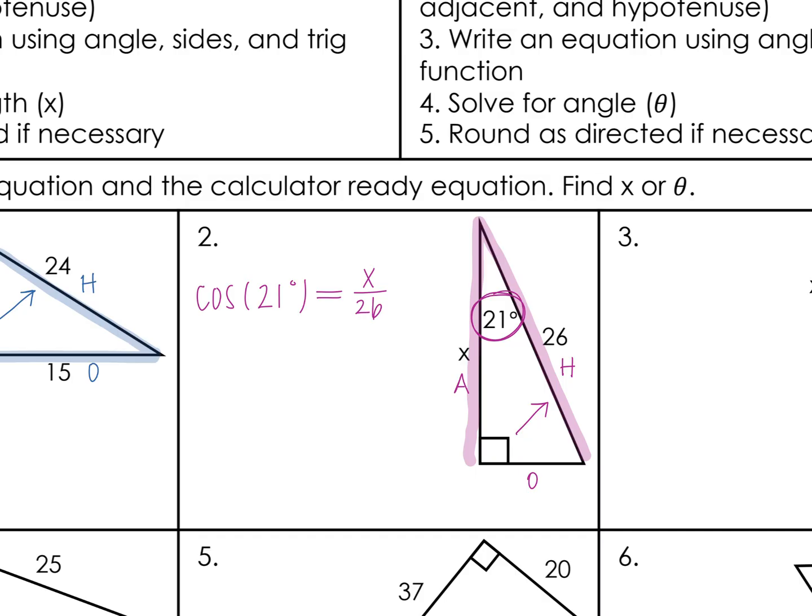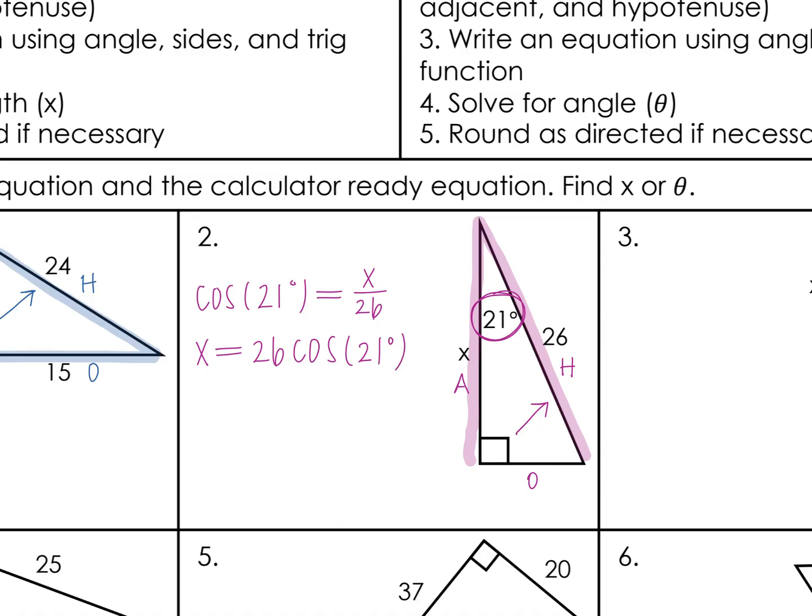Then to solve for x, I'm looking at that fraction. And so I need to isolate that variable by moving that 26 to the other side. So I'll use my inverse operation to multiply, and we'll have that my x will be equal to 26 times cosine of 21 degrees.